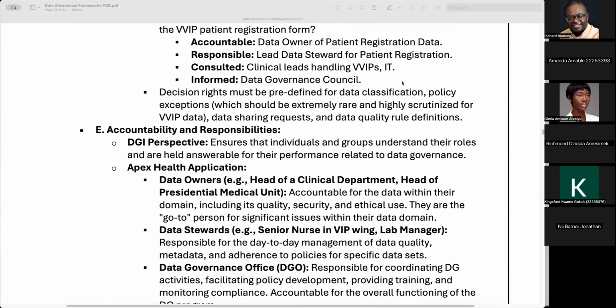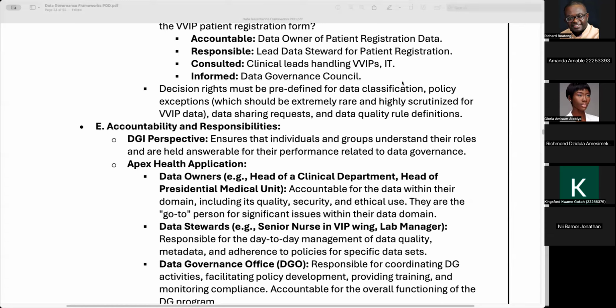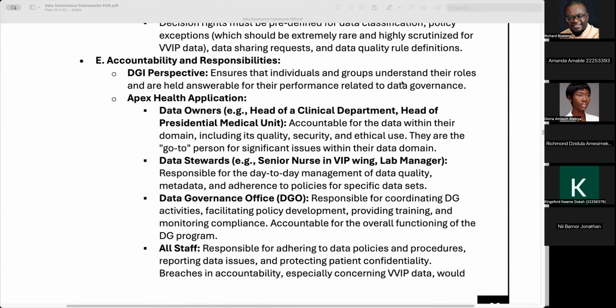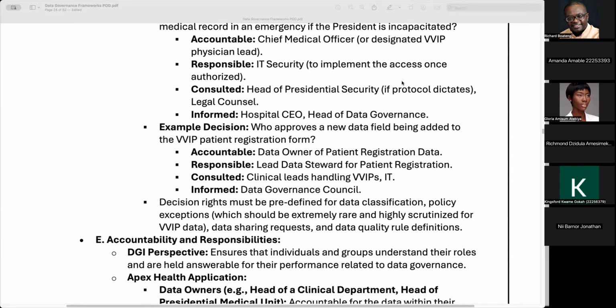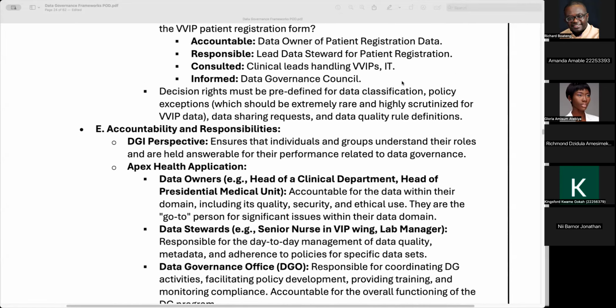The Data Governance Office, DGO structure itself, needs to support this framework effectively. Yes. DGI recommends a formal DGO. Having a CDO or a dedicated data governance lead who reports directly to senior leadership provides the necessary visibility and authority.